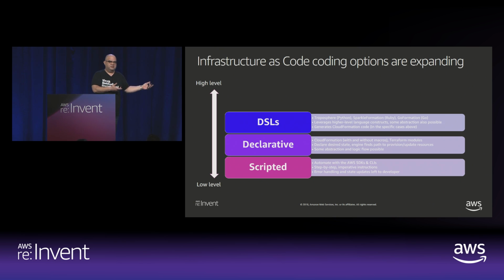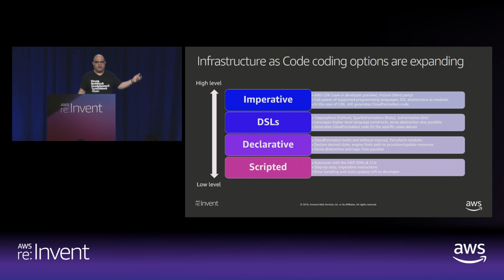And one of the biggest benefits of using one of these DSLs is that if you're already a Python developer and know how to do unit testing in Python, you can use unit testing on this code as well and still be able to generate CloudFormation specific code. And when you do generate that, you take advantage of rollbacks, stability, stabilization timeouts, etc.